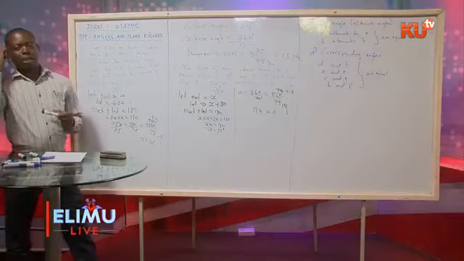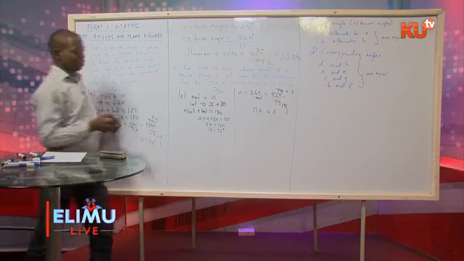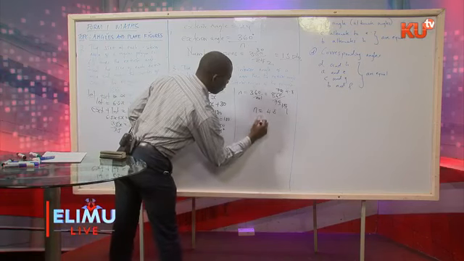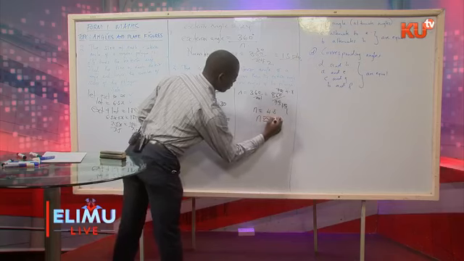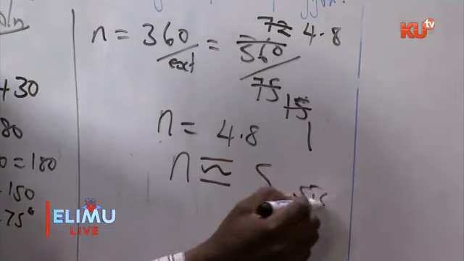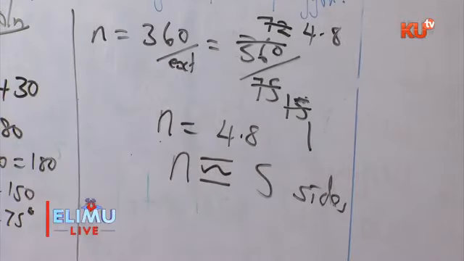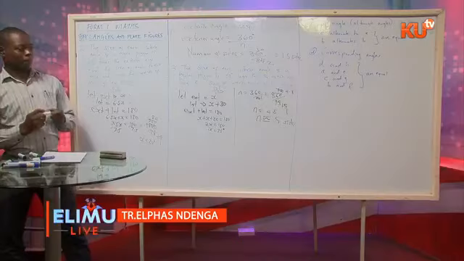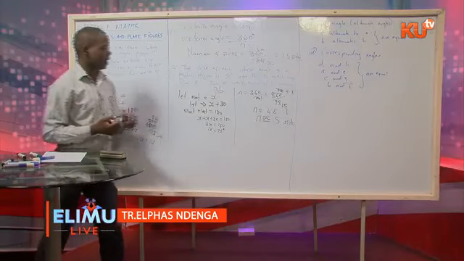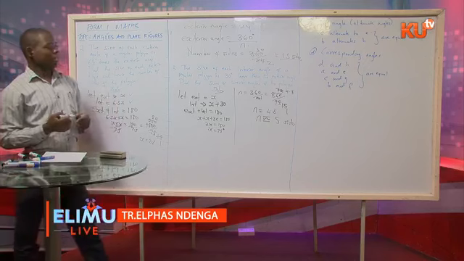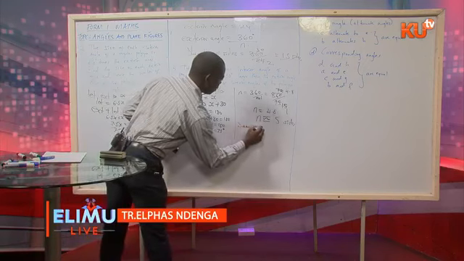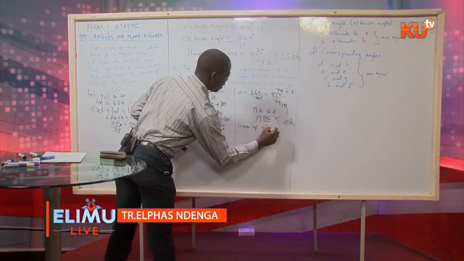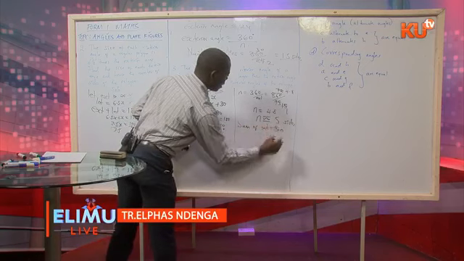We can't have a polygon with a decimal number of sides, so we round off to the nearest whole number, so that gives us 5 sides. That means that the value has been rounded off since these are the number of sides of the polygon. And so once we have 5 sides, how do you find the sum of interior angles? The sum of interior angles is theta times n.